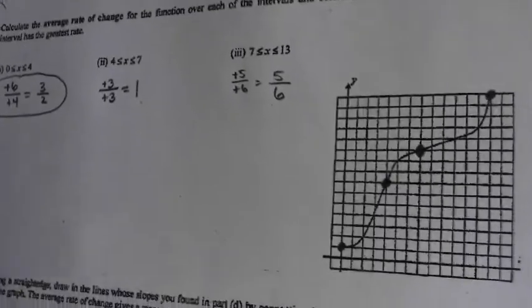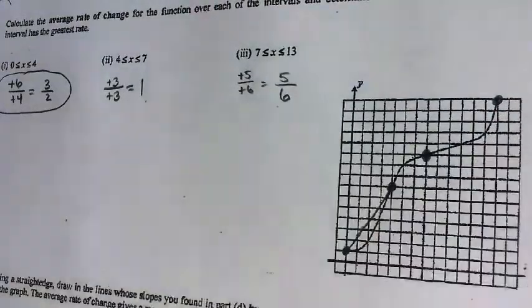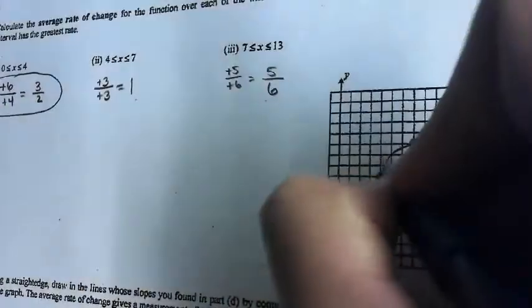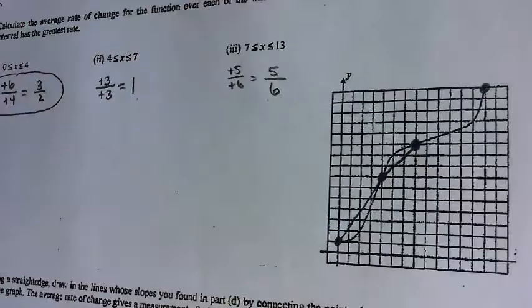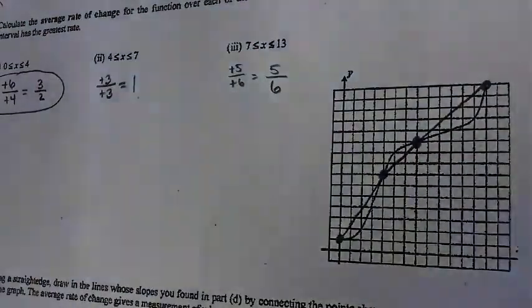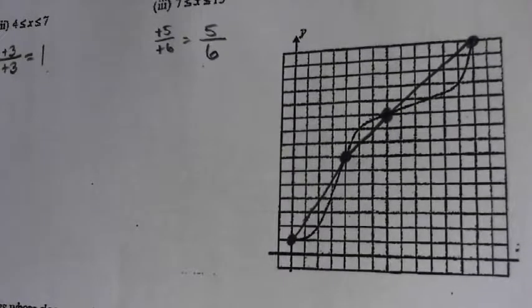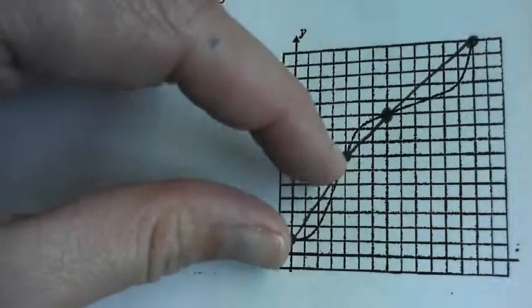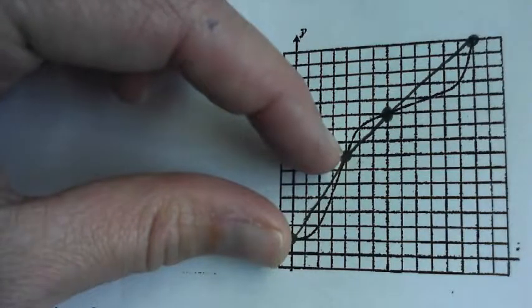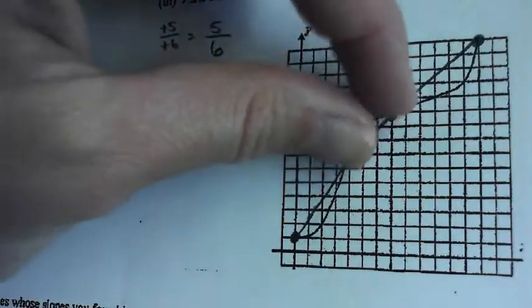Now, if I were to just connect these first 2 points with an approximate straight edge, connect the next 2 points with an approximate straight edge, and connect the next 2 points with an approximate straight edge, when you're just looking at it without even counting, what is it about this segment that would let you know that it has a steeper slope, bigger slope than this one or this one?